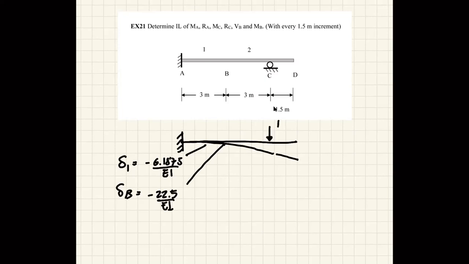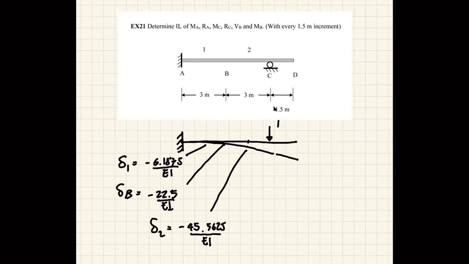Now the next one, displacement at 2, is equal to minus 56.25. You guys like that, right?